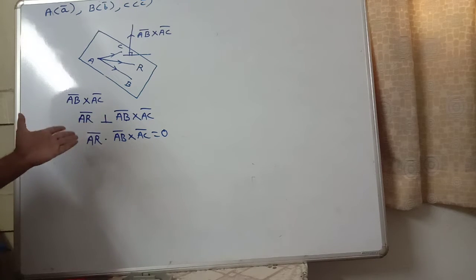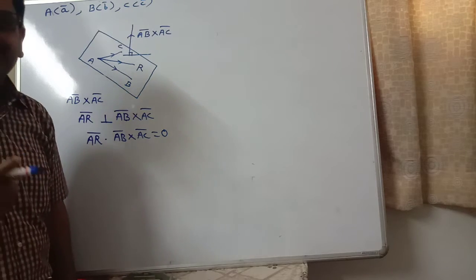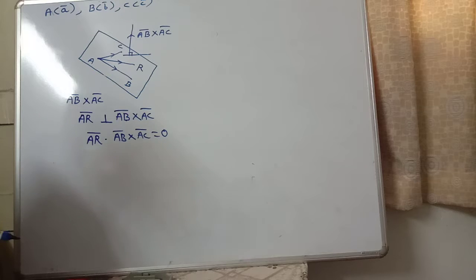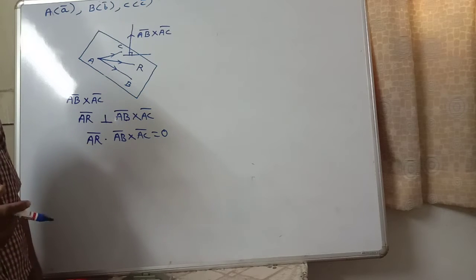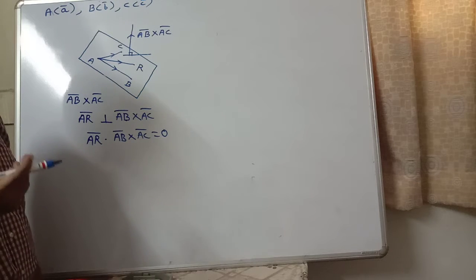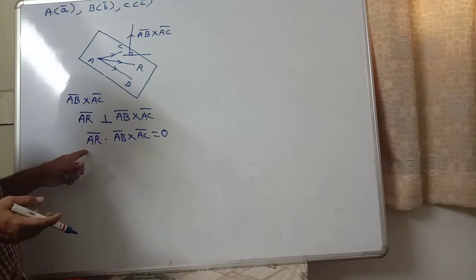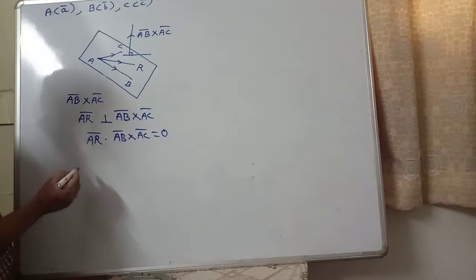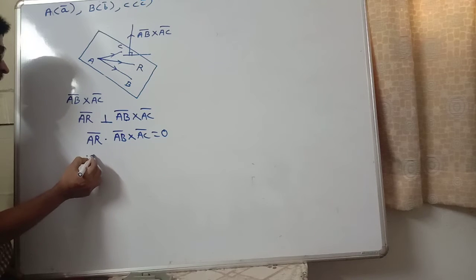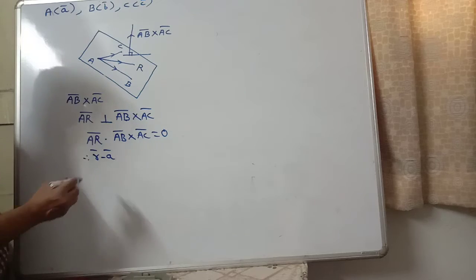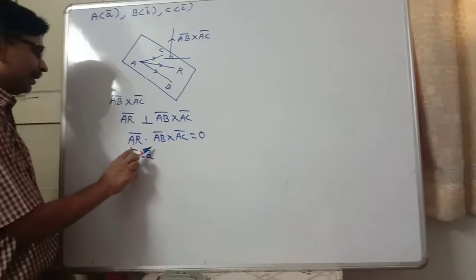AB bar, AC bar, AR bar, they are vectors in space. Vector in space can be expressed as position vector of terminal point minus position vector of initial point. AR bar, A initial point, R terminal point. So AR bar, R bar minus A bar. We shall write that in bracket.